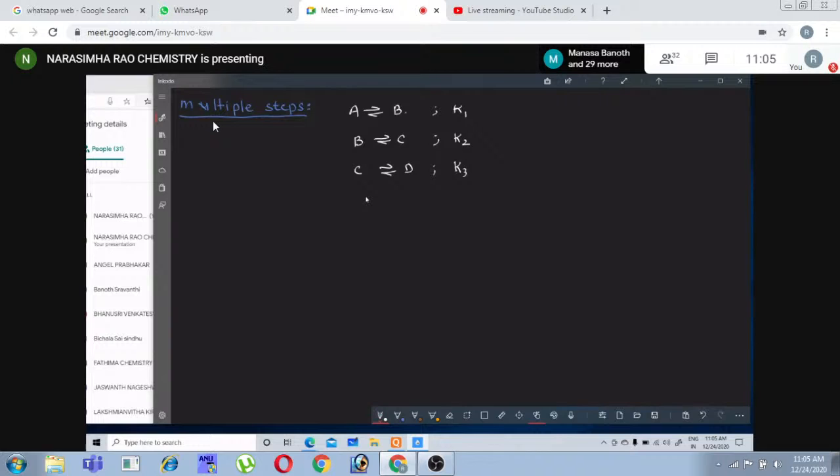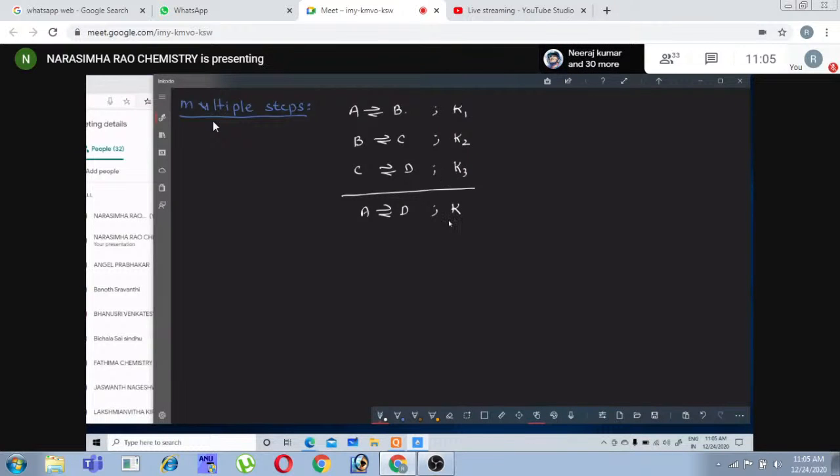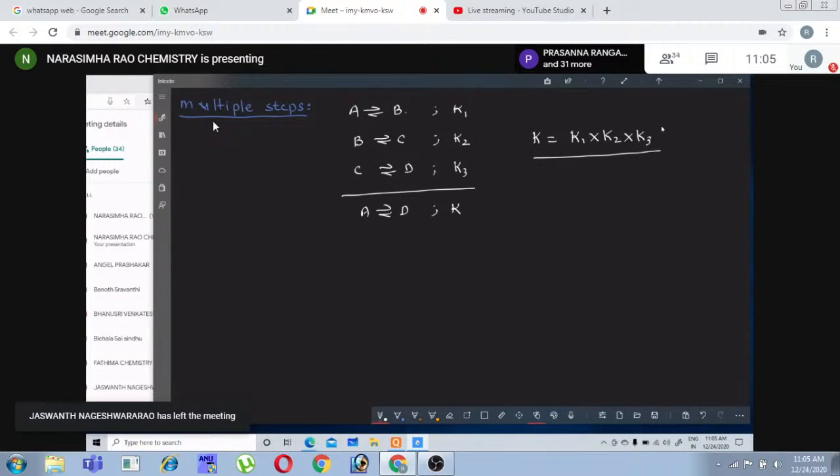Now the overall reaction, A is in equilibrium with D in a single step. Then the equilibrium constant is K. Now observe, children, how is K related to these? K is equal to K1 into K2 into K3. Children, is it clear now? Yes, sir.